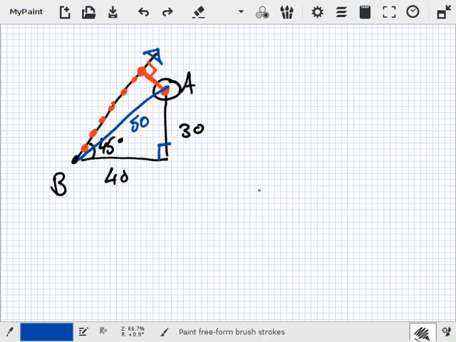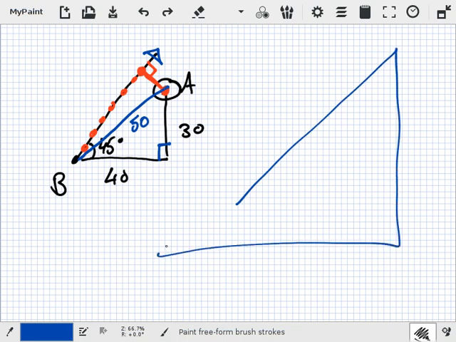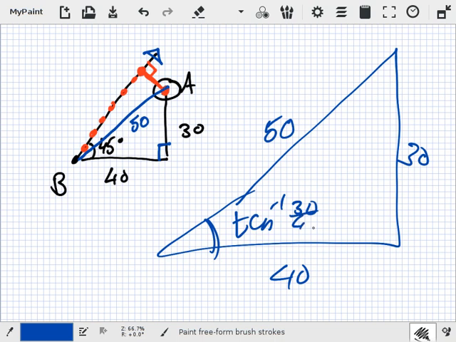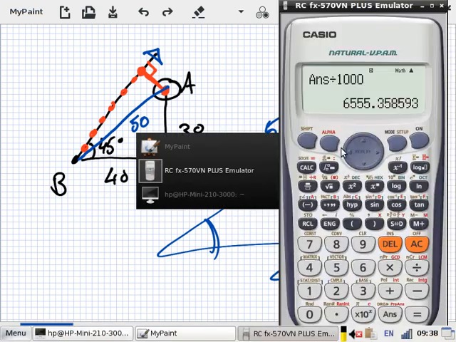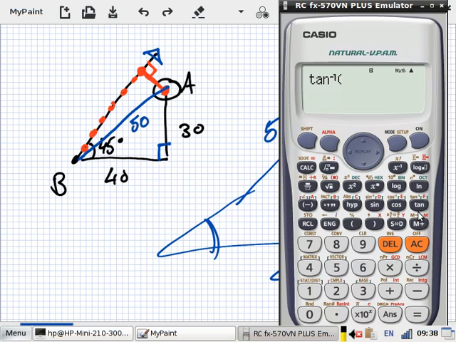I want to zoom in just to make it a little bit clear. So this triangle here, this is 40 and this is 30, and Pythagoras says this is 50. Now we can get this angle here. We could just do tan inverse 30 over 40 gives us the angle. So let's work that out. 36.87.